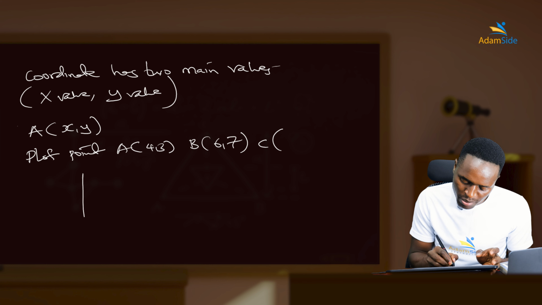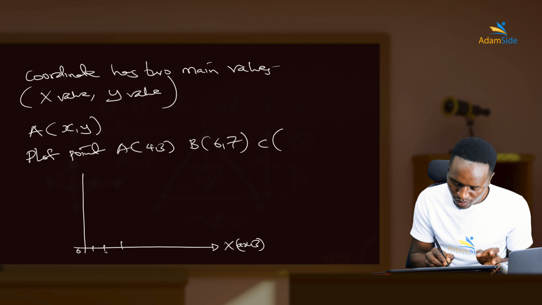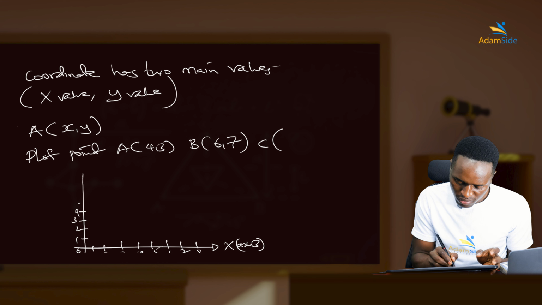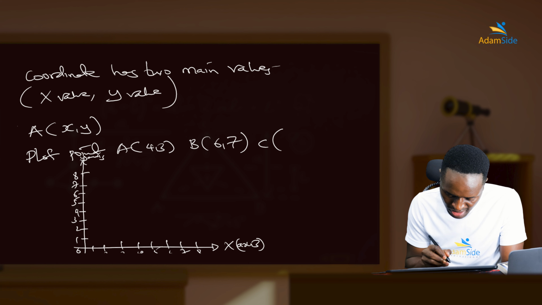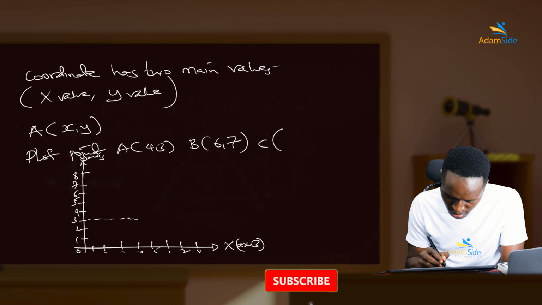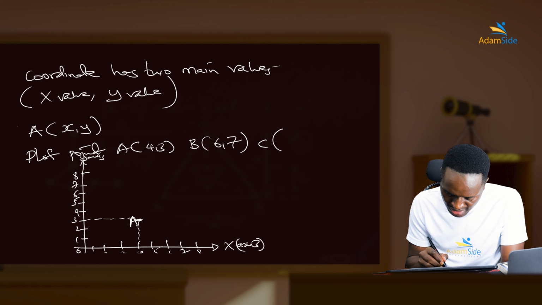You come here and you have your Cartesian plane with the x-axis, 0, 1, 2, 3, 4, 5, 6, 7, 8, and then here you have 1, 2, 3, 4, 5, 6, 7, 8 on the y-axis. Now you plot point A, which is at (4, 3). This is point A.